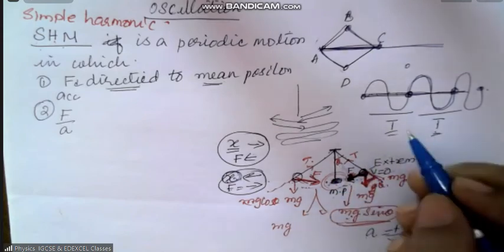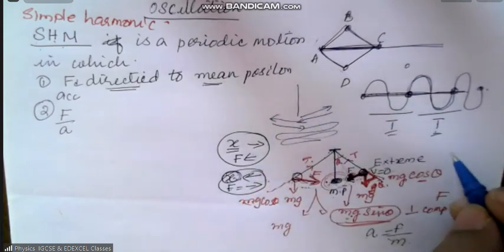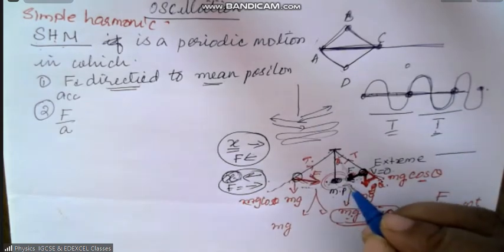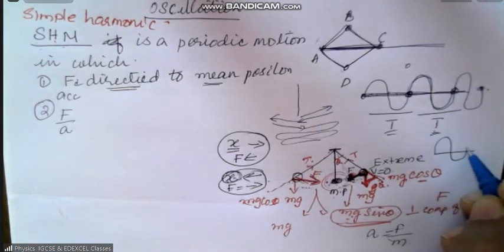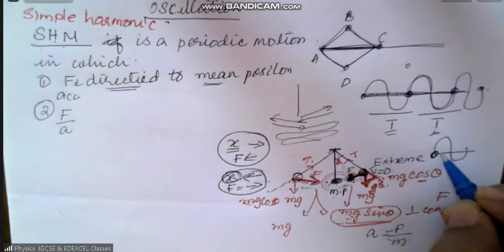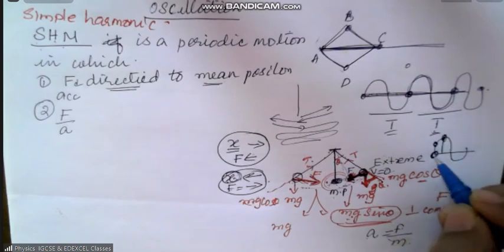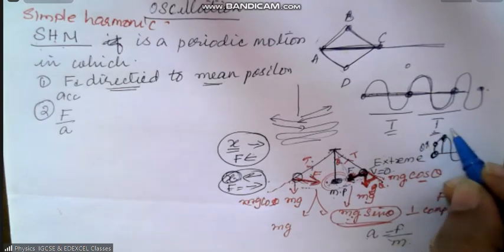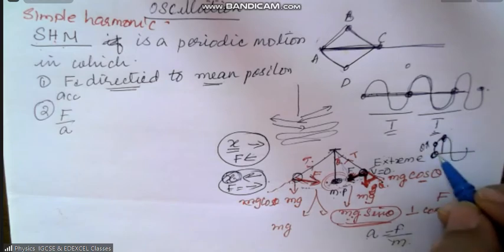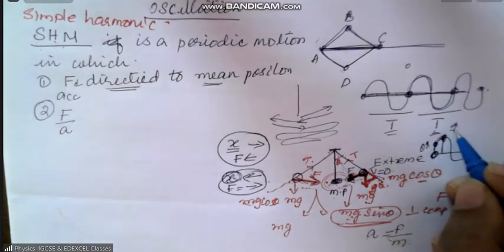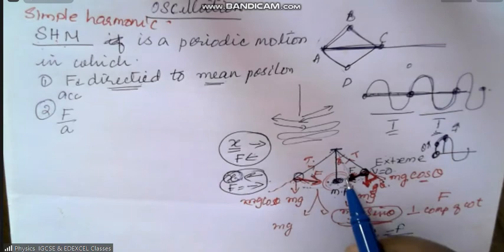You understand? How is the sine curve? Sine 0 is 0, sine 45 is something like this, this is sine 91. So as theta increases, sine theta increases. That means if it is over here, theta is more, the restoring force is more.